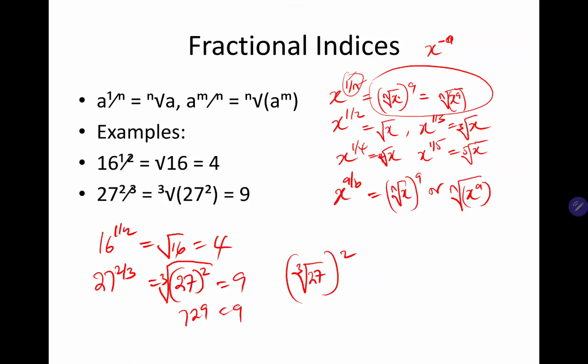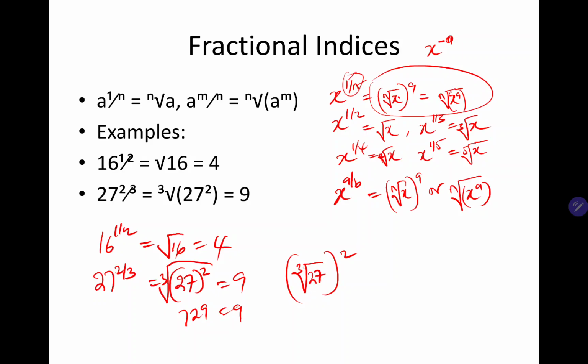I always prefer using this format because it helps you to solve even without a calculator, because using the other format you have to square first, and sometimes the numbers are so massive. 27 times 27, if you are not in a class where you are allowed to use a calculator, it takes a lot of your time.